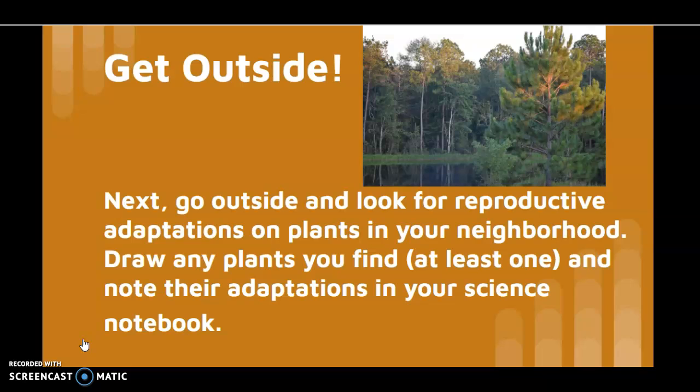If it's possible, you can just bring in a little clipping. That would be great as well. And just note their adaptation and why you picked that plant. Okay, so those 3 assignments, pretty easy, pretty clear.